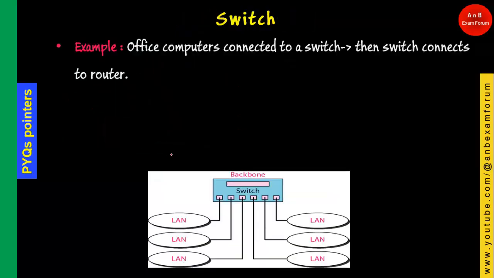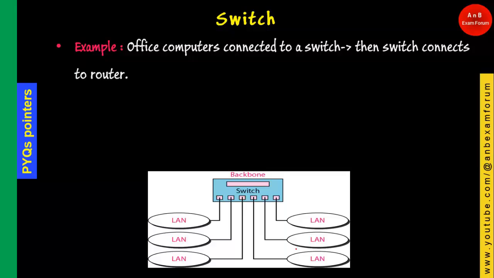Let's see the next pointer, it is the switch. As I told you, it is similar to the bridge, it is also going to connect the LANs, but the primary difference is the number of ports. A switch will have multiple ports, whereas a bridge has 2 or maximum 4 ports in it. So a switch is going to use many ports, and it is used to connect multiple LANs, not just 1 or 2 LANs.